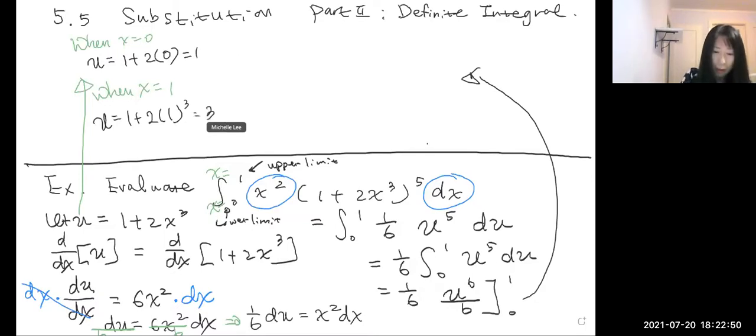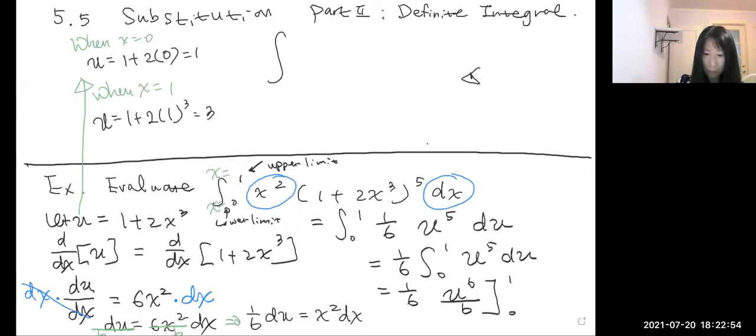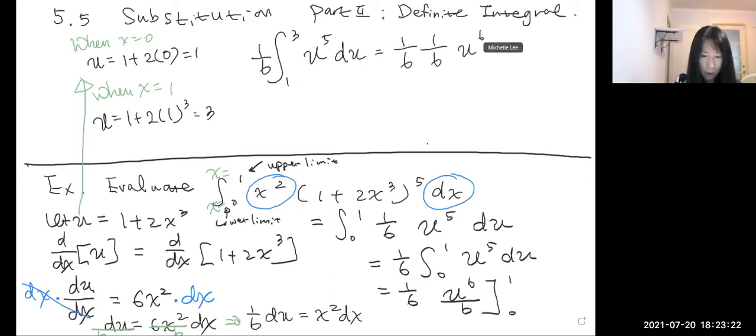Okay, now we will change that. So we're gonna do from 1 to 3 instead of 0 to 1. We will use the same thing, u to the 5th, right? Then we know that's u to the 6th power over 6, correct?